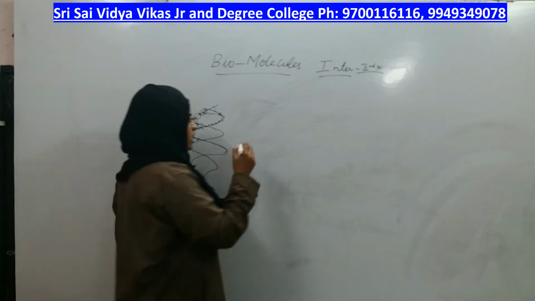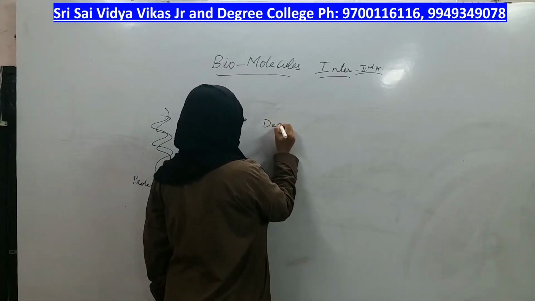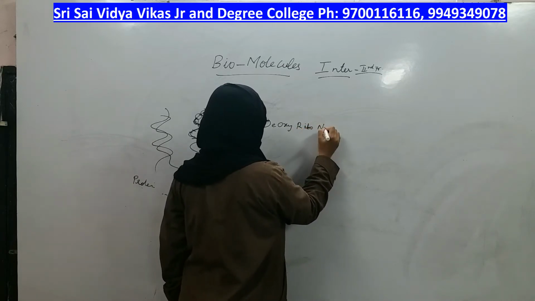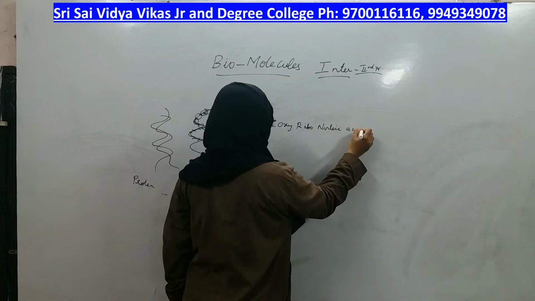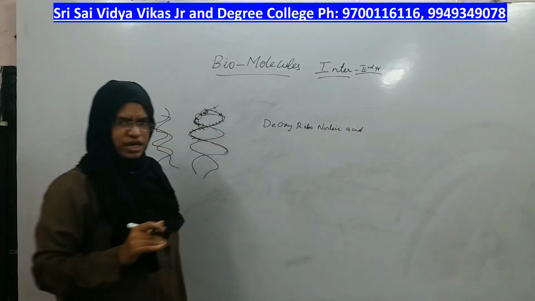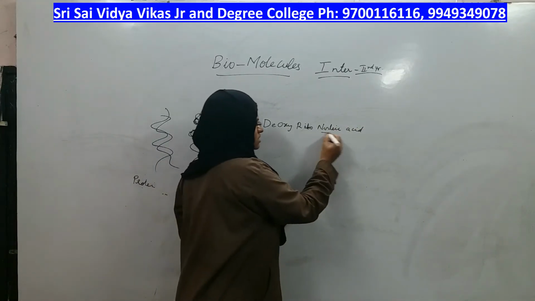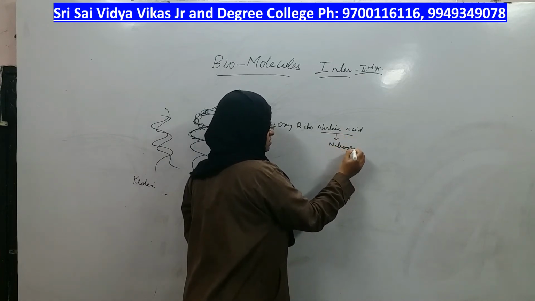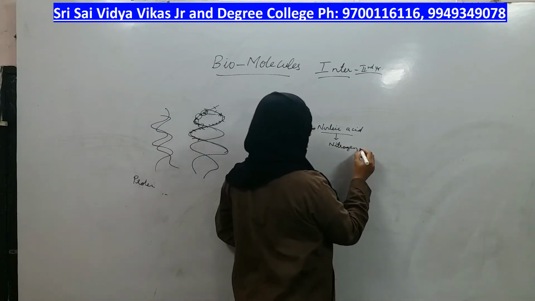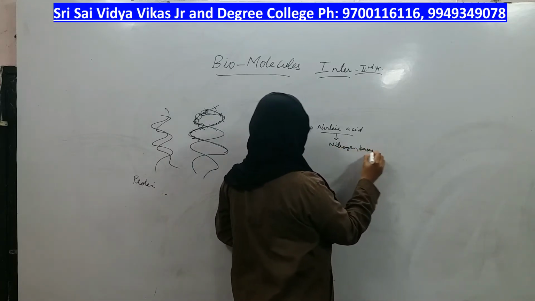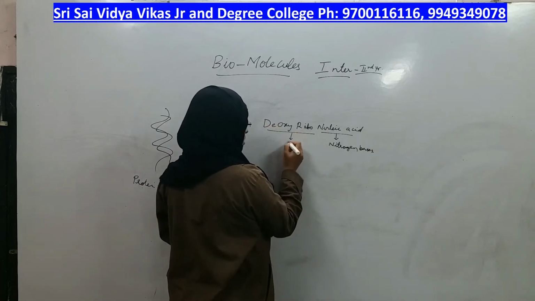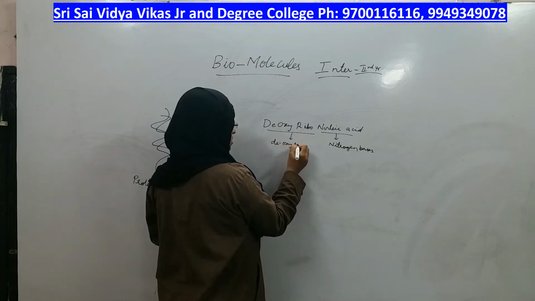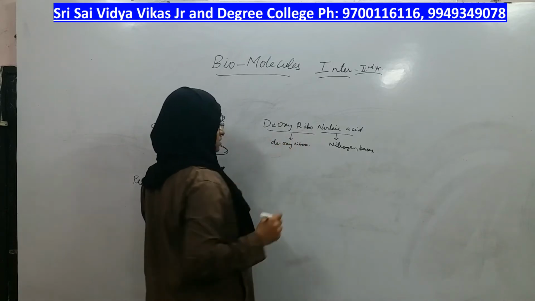So let us now look at deoxyribonucleic acid. In this, what are the three parts present? Nucleic acid means it is nitrogen bases, and deoxyribo means nothing but a sugar in which deoxyribose is present, right?